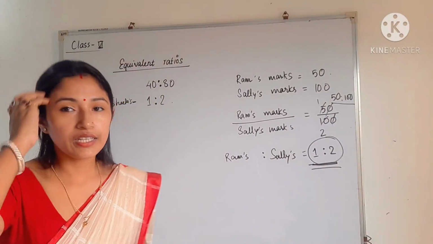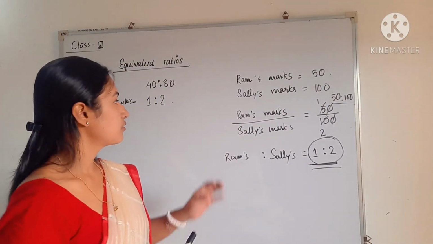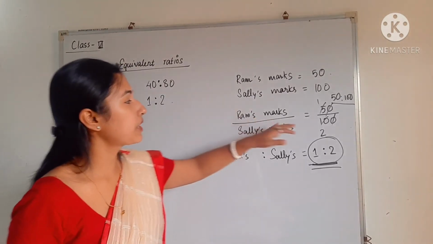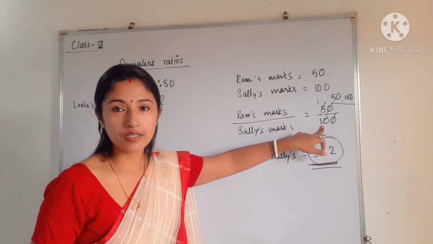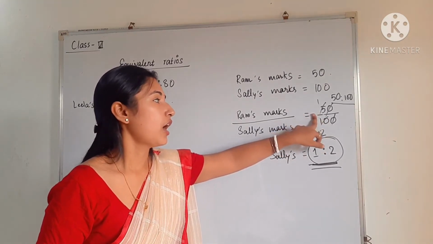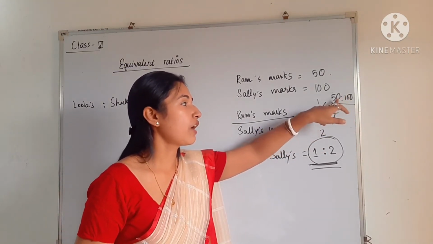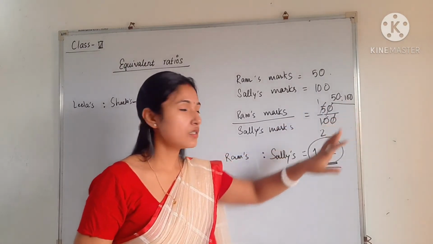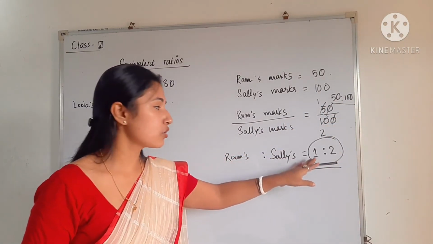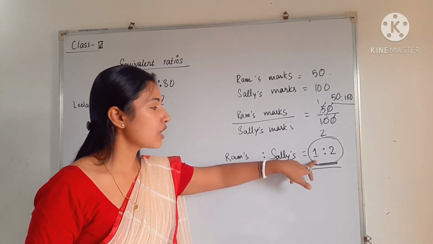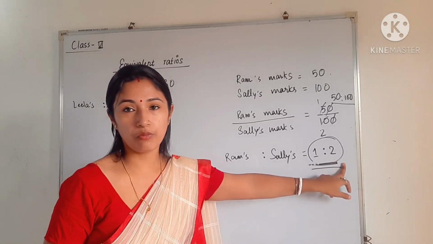So one more thing is that, suppose while writing in fraction, I am writing 50 by 100. So the numerator is 50 and 100 is the denominator. If I want to write in ratio, then I have to write 50 is to 100, or in simplest form I can write it as 1 is to 2. We cannot say 1 is in numerator, 2 is in denominator. Okay.